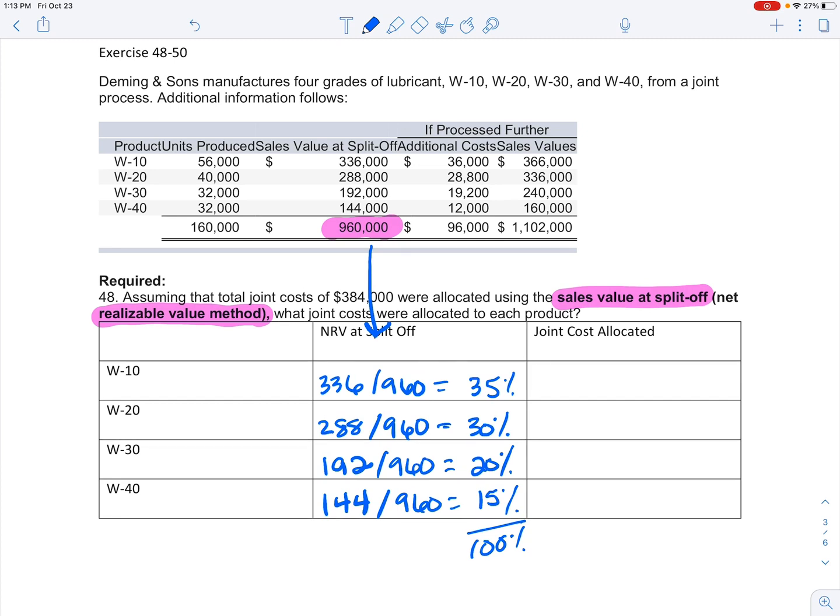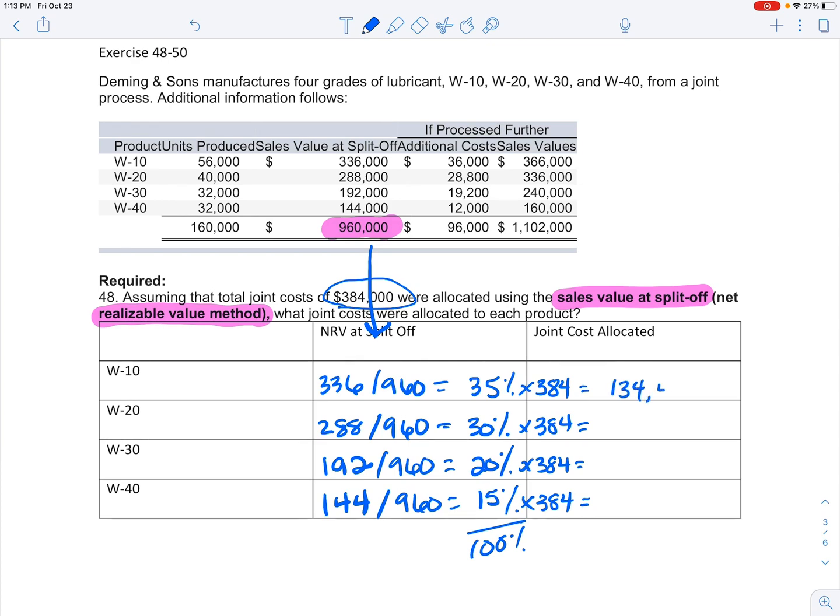The next thing we're going to do is allocate those costs. So if we look at the costs we need to allocate, which is right here, that 384, I'm just going to take each of these percentages that I just did and multiply by the 384. And that's going to give me the joint cost that I need to allocate to each of these products.